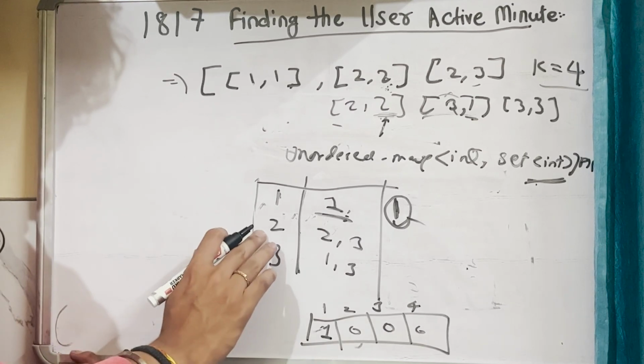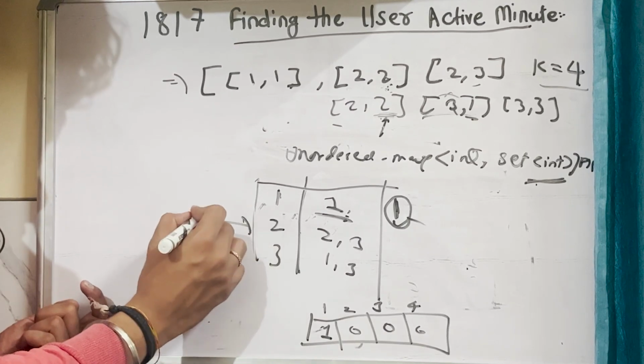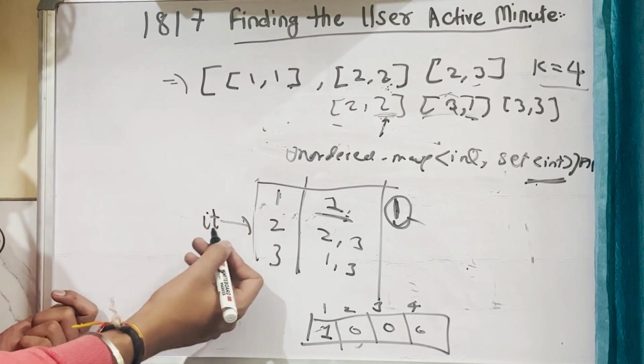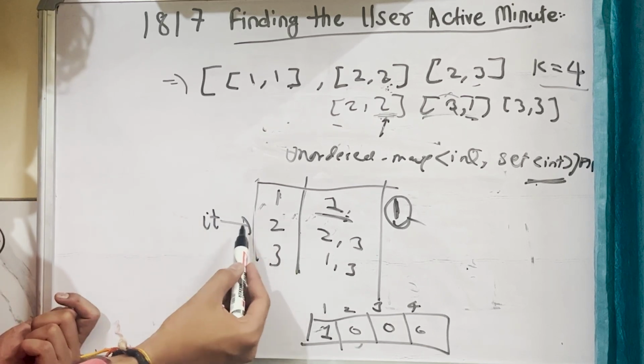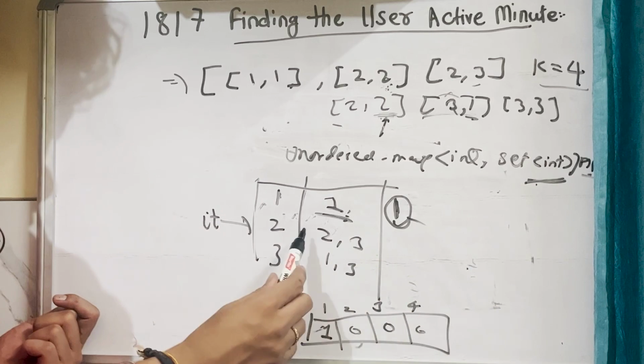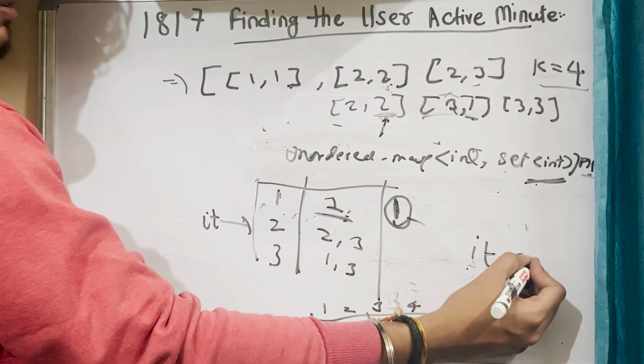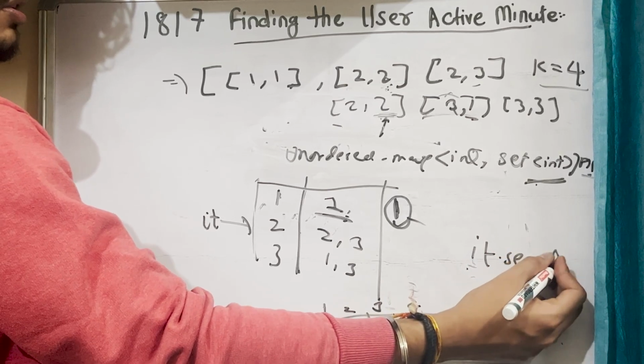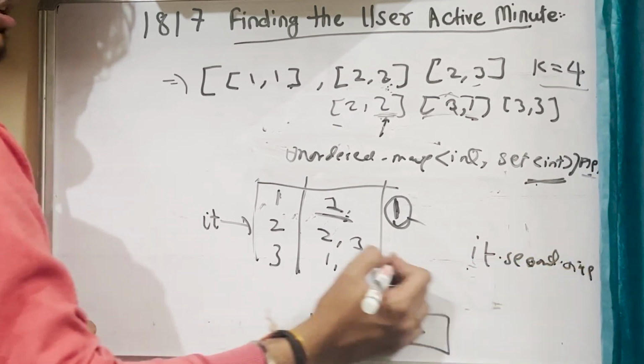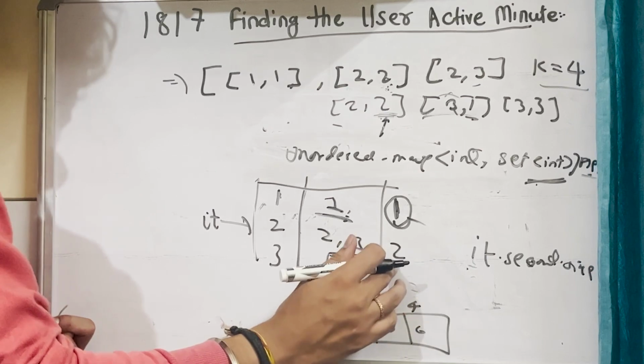For example, you'll go to this user 2 using an iterator or a pointer, whatever you want to say, in the map you have created, and check it.second.size. Okay, so it will return 2.